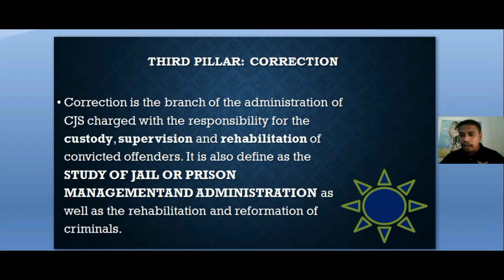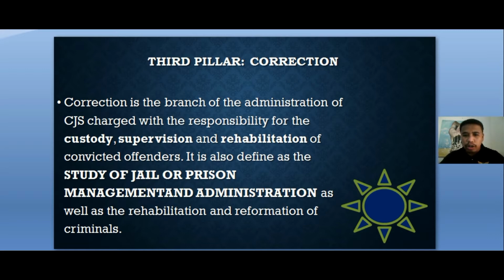And during the trial, if in case the person or the suspect is found to be guilty beyond reasonable doubt of the accusation charged against him, what will happen is the person given the verdict of being guilty shall be transported for rehabilitation purposes to the fourth pillar of the criminal justice system, which is now the correction.